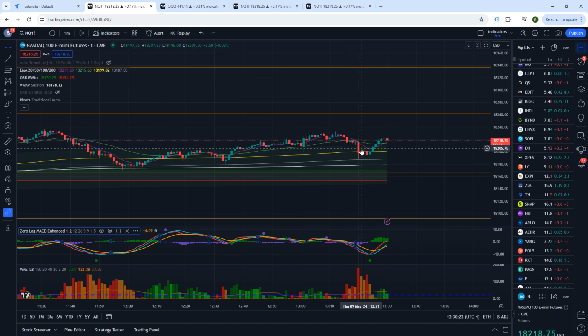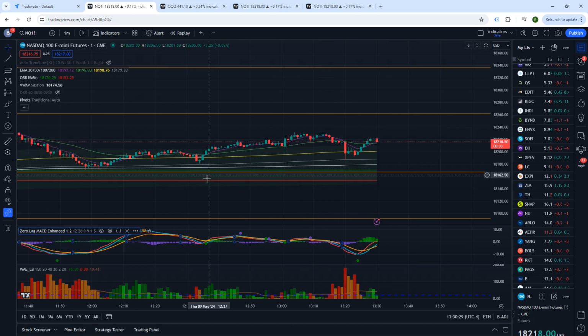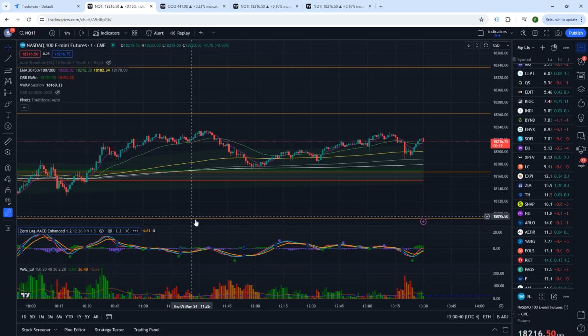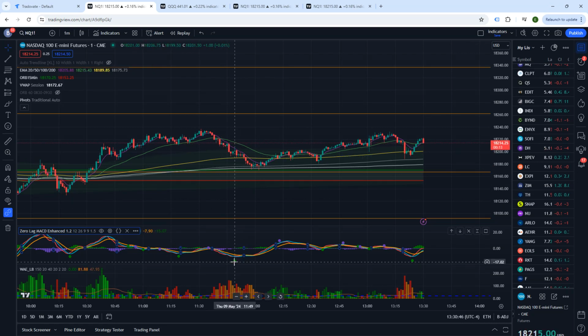So it's not only helping me stay in trades longer, it's helping me to stay out of bad scalps. I've done that just a couple times, but it's definitely helped today, just looking at things a little bit differently. Not looking to play bounces until this turns green.